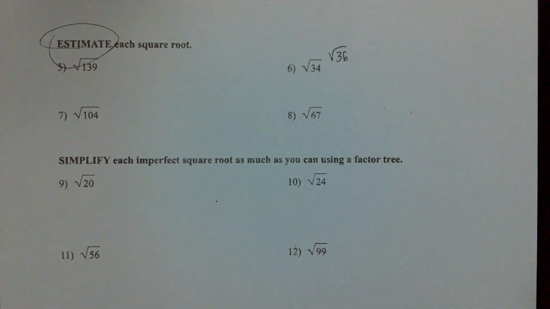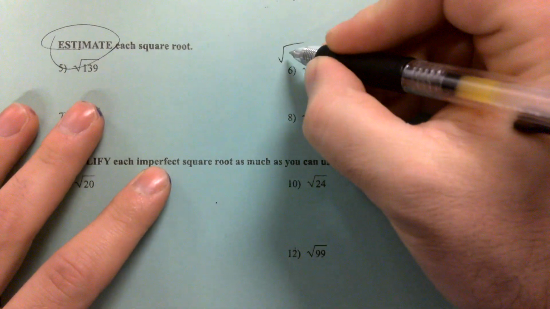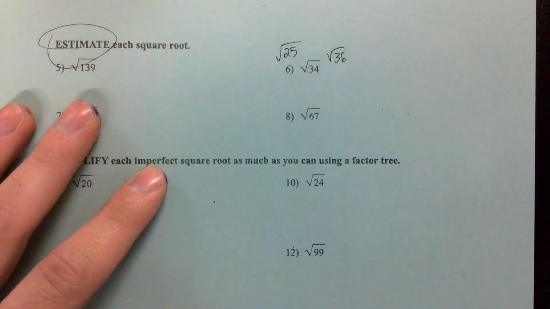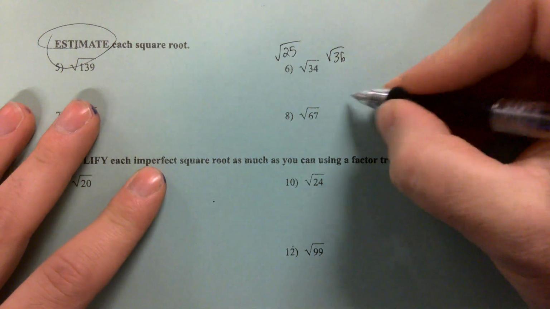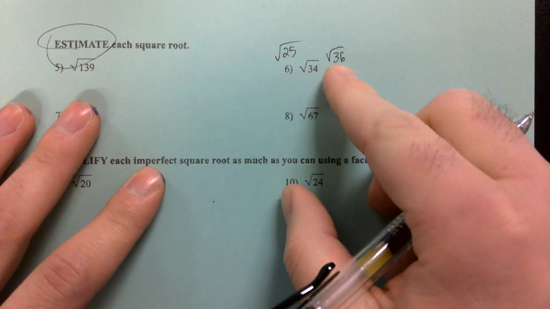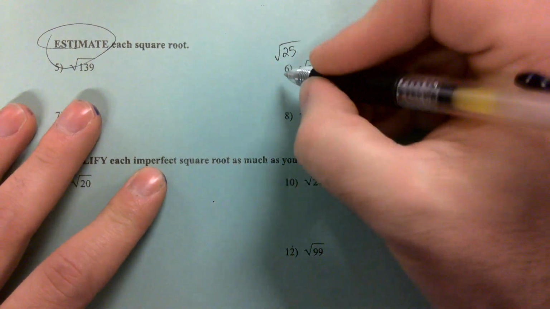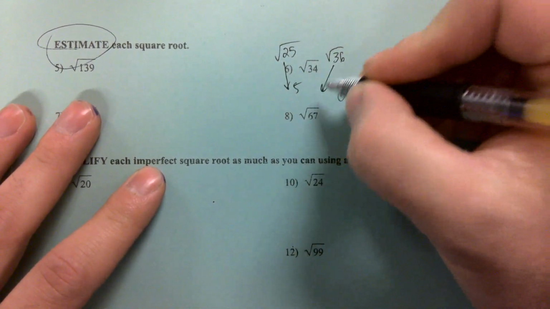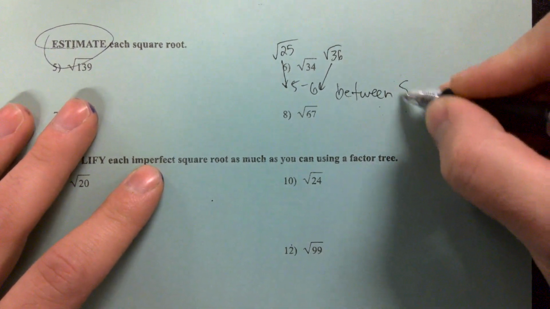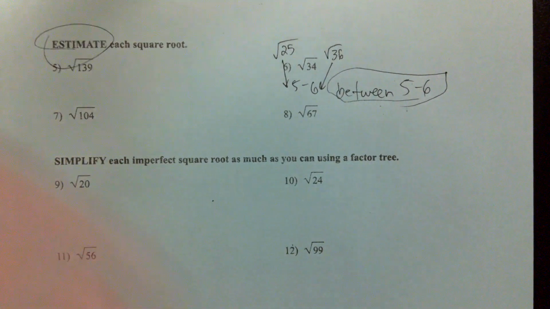Which perfect square is slightly less than 34, Devin? 25. It'd be between 5 and 6. Exactly. So because 34 is in between 25 and 36, the square root of 25 is 5. The square root of 36 is 6. This square root is somewhere between 5 and 6.